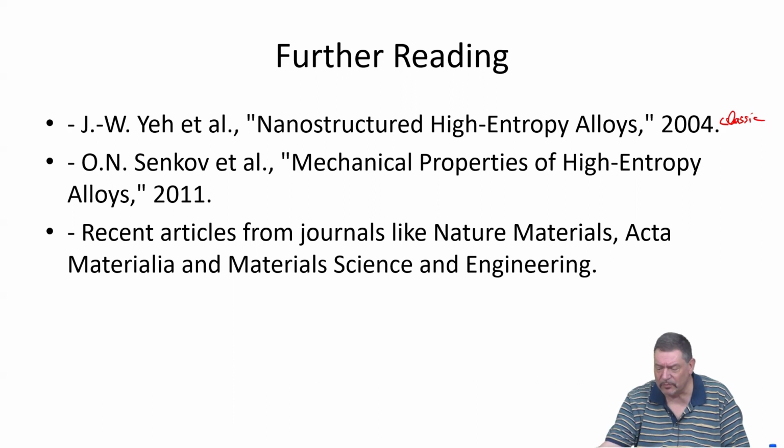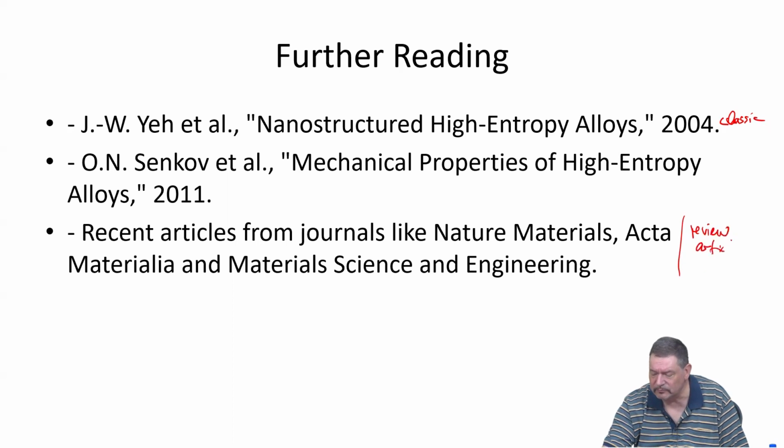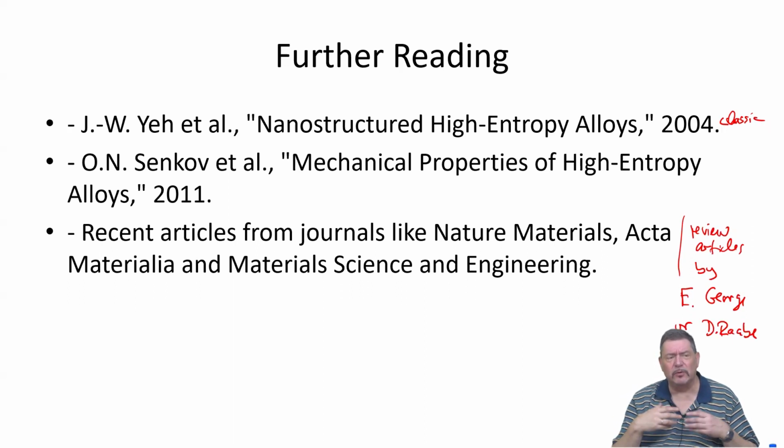But I would also recommend especially review articles, which you can find for example by Easo George or by Dierk Raabe. They are very good, and especially they give you a very complete set of references, which you can then use to dig deeper into the literature. I think they have 250 and more citations, so it's really done in a very good way.